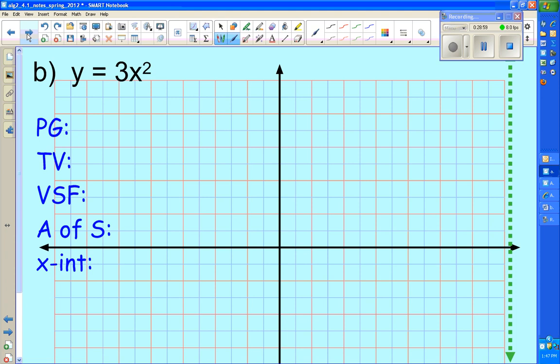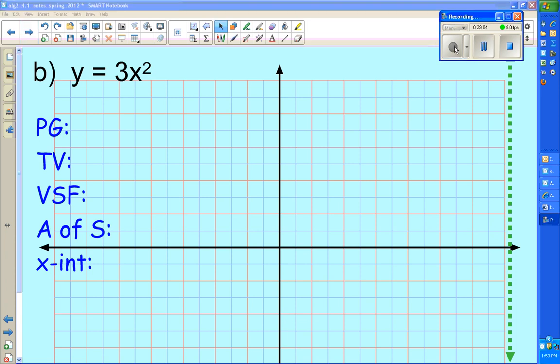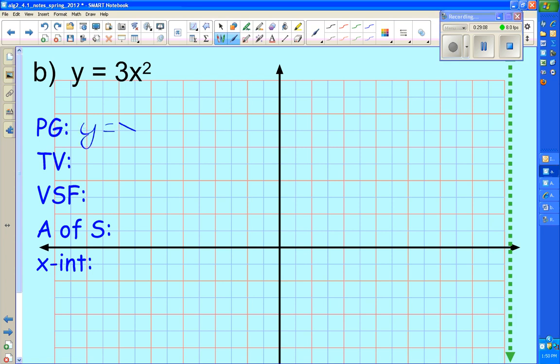So now we have 3x squared. Try that. All right, let's look. What's the parent graph? Y equals x squared. Translation vector, we already said, has to be 0, 0 because there's no bx and there's no c. Jim, what's the vertical stretch factor? 3.